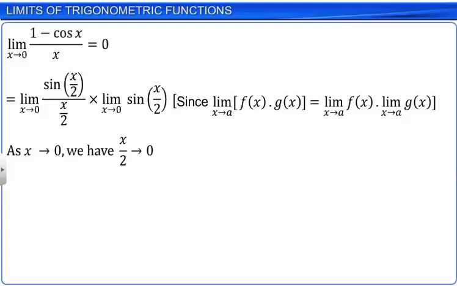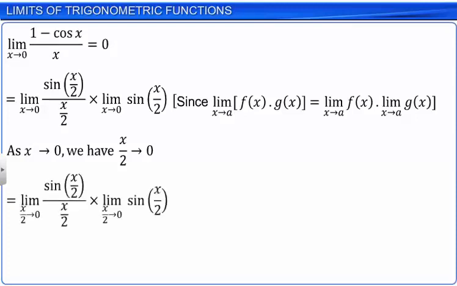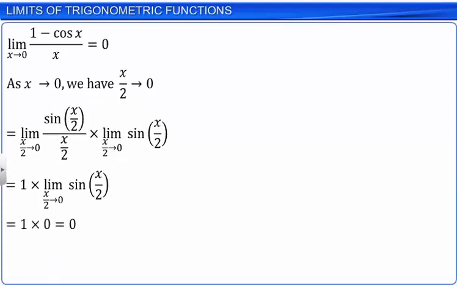Therefore, we can write the limit in the first expression as x divided by 2 tends to 0. By the sandwich theorem, the limit in the first function is equal to 1. The limit of the second function is obviously 0. Therefore, the second proposition is proved.